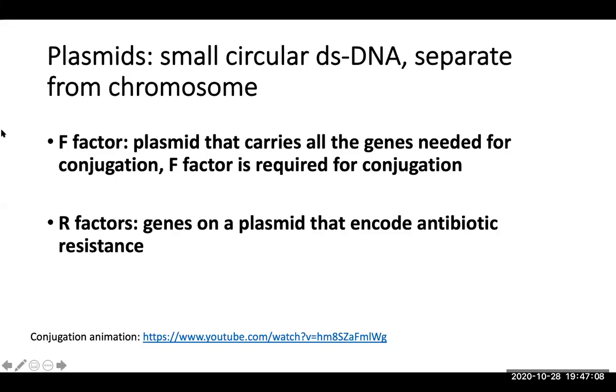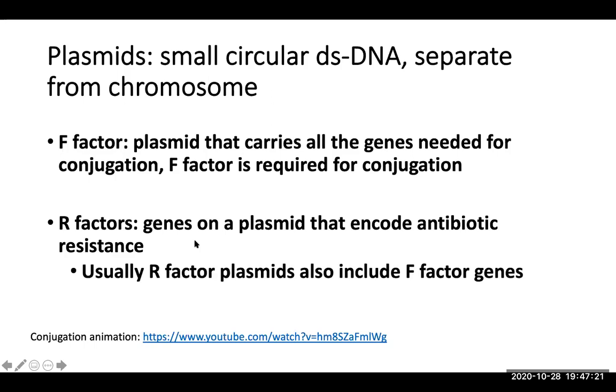If it has any type of antibiotic resistance, it'd be an R factor. If it had heat resistance, it would also be a type of resistance, so that would also be R factor. And usually we do find R factor plasmids that include the F factor gene, so we see it combined into one plasmid, but it's also not uncommon to have more than one plasmid.